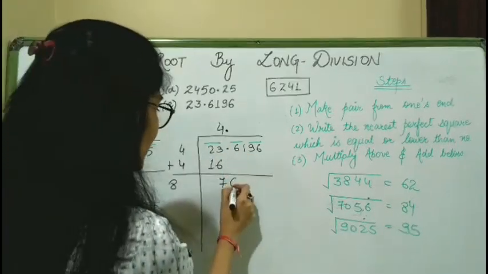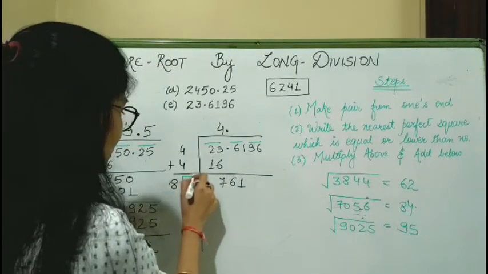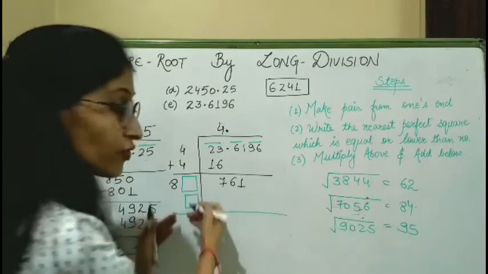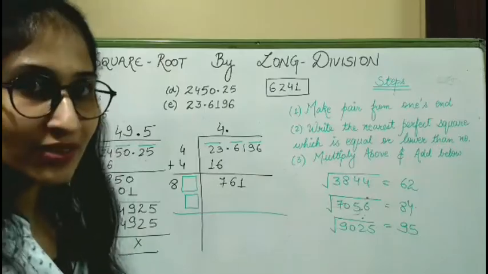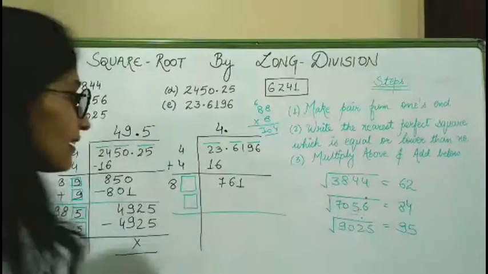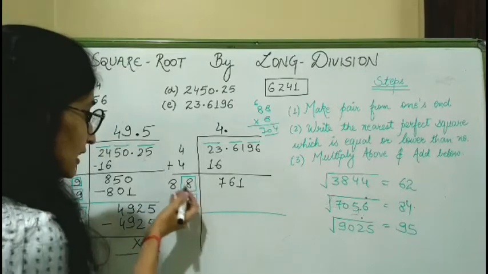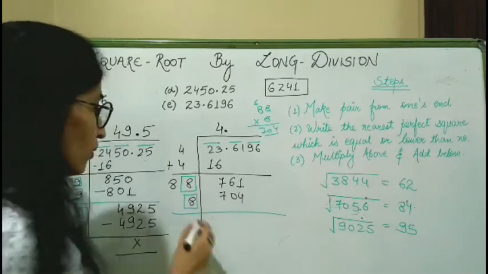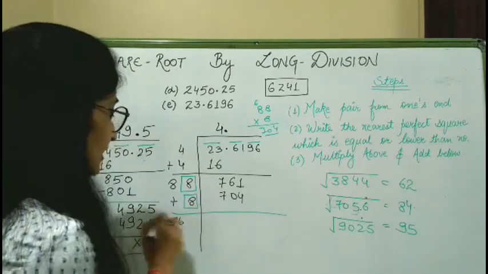Next pair here is 61. I have to write same numbers in these boxes. The product of the numbers should be less than 761. So I can write 8 here. Multiply above, 88 into 8, 704. Add below, 88 plus 8 is going to give me 96.